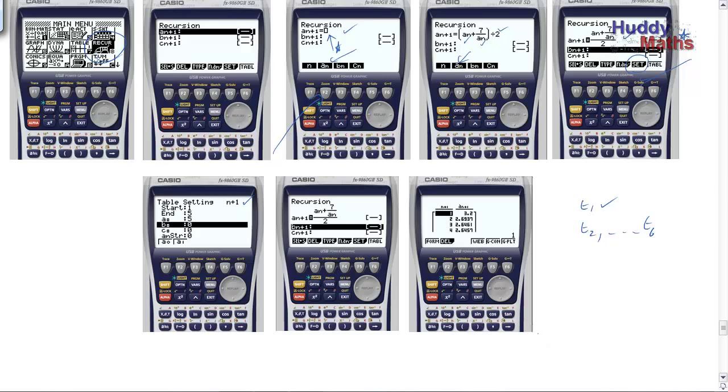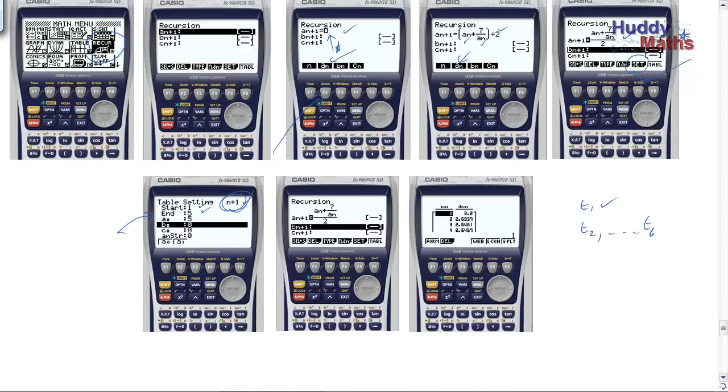Notice we're doing a table setting n plus 1, so we'll start with 1, and that will give us T2, and then end at 5. 5 plus 1 is T6. So you're actually entering the n values in here to give the n plus 1ths, if you like. So you start at 1, which will give you the second term, and through to 5 to give you the sixth term. So a little bit different here.